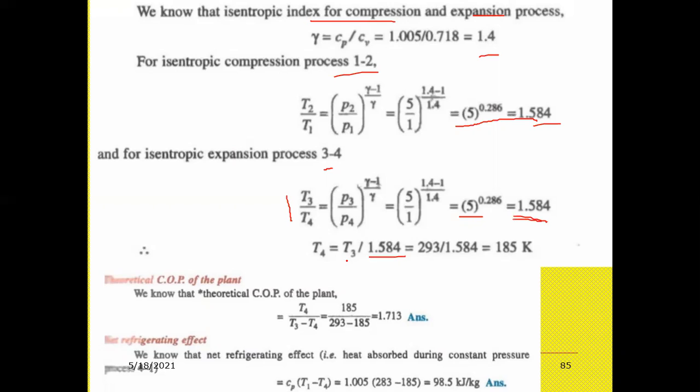We know T3 is 293, so 293 by 1.584. We get the T4 value as 185 Kelvin. Got it? So we got the temperature T4.